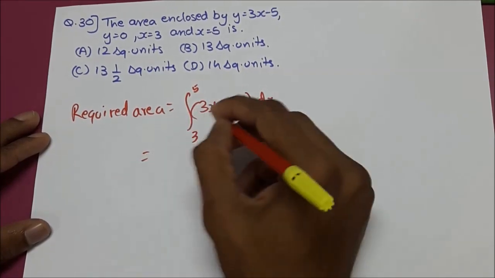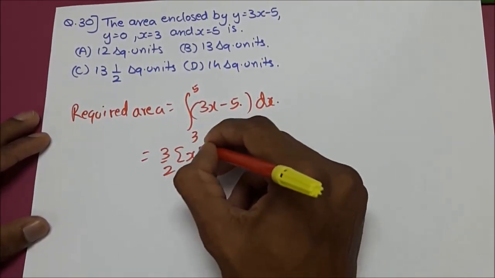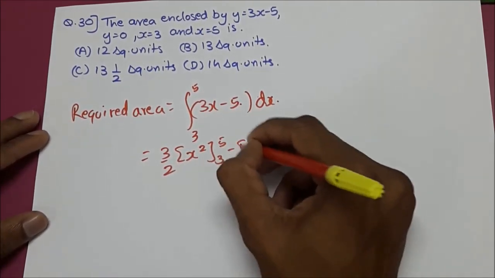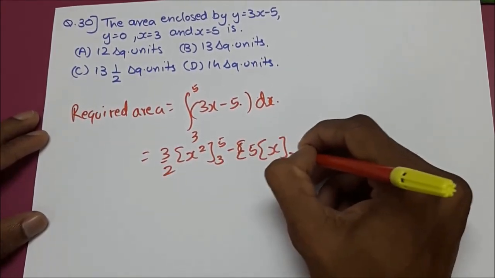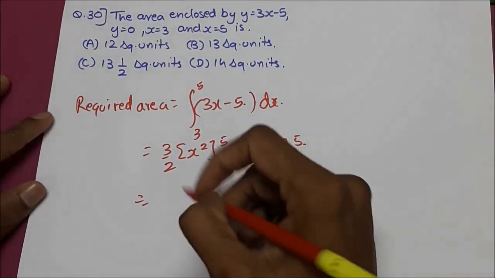We integrate this, we get 3 by 2 x square from 3 to 5 minus 5x from 3 to 5.